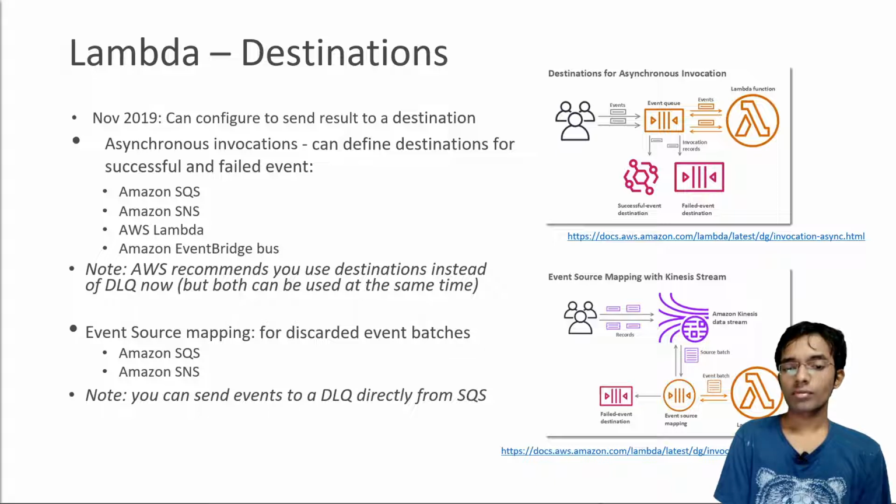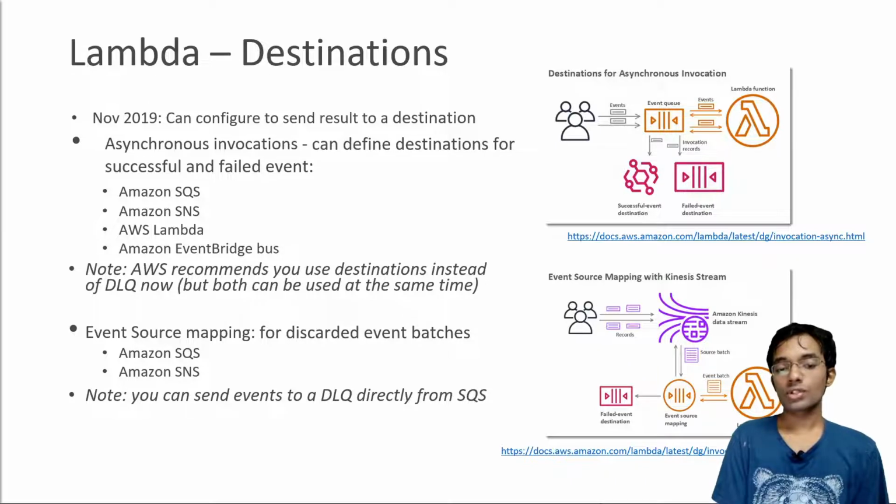But in this case, if we are failing to process these records, we have the option to send them into SQS and SNS as a failed event destination, and then we can keep on going with our Amazon Kinesis data stream processing. So it's a way for us to be unlocked from a lockdown in case we cannot process some records.